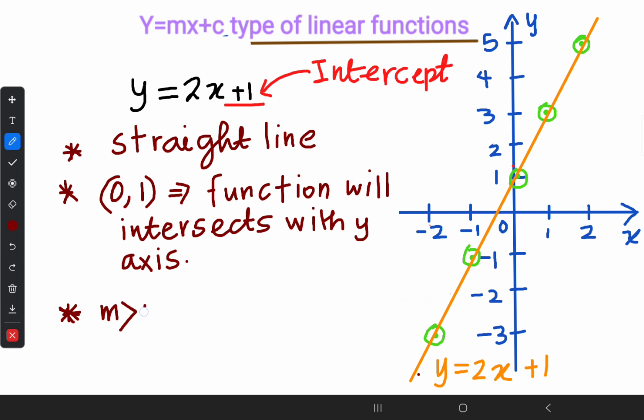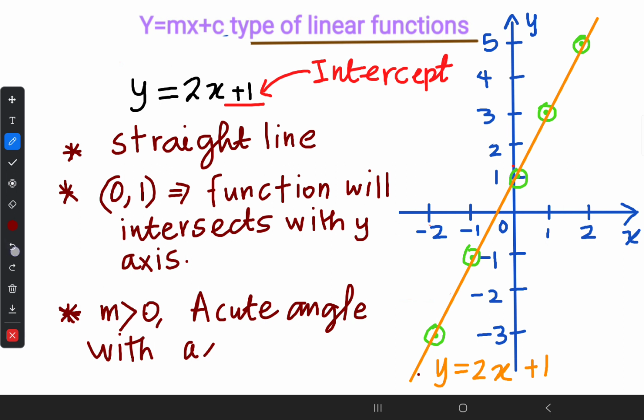In those cases, the function will have an acute angle with respect to the positive region of the x-axis. These are the observations.